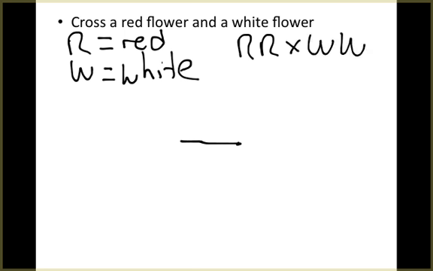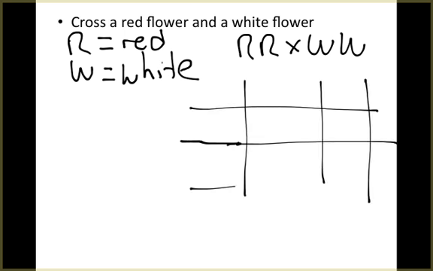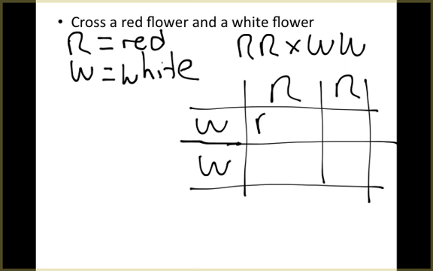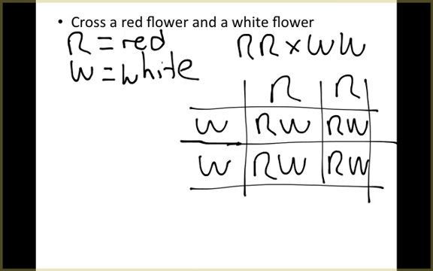The more practice you get with this, the more you can sit here and think about what you're going to get. Sometimes you don't even have to do the Punnett square. I still want you to do them to show me that you can, but sometimes you can just look at them and predict what you're going to get. Looking at your phenotype, how many red, how many pink, and how many white?